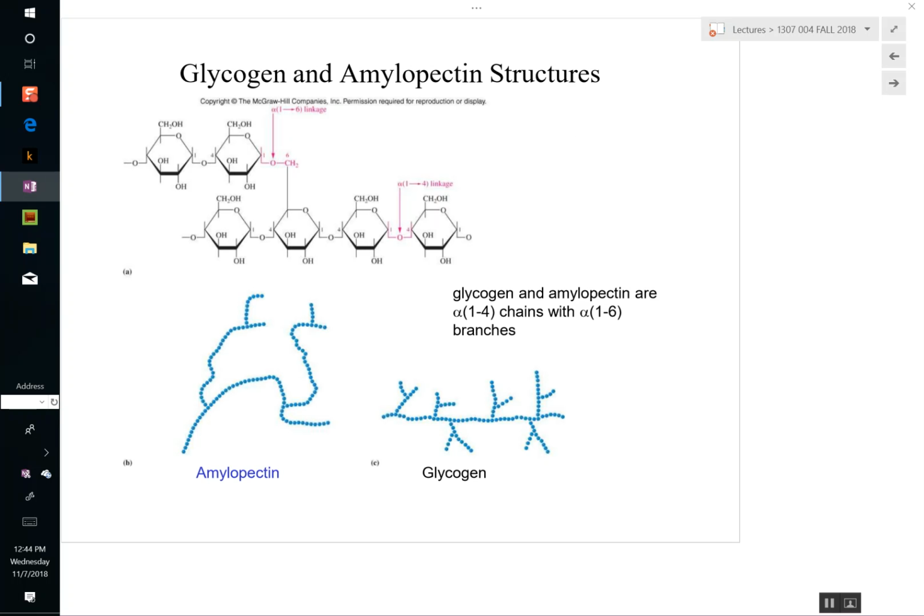So hundreds of glucoses, and the body just keeps adding them on there if it has an excess of glucose, and then it clips them off when the blood sugar level lowers. So it's going to form the glycosidic bond, and if it needs glucose, it's going to hydrolyze that bond and clip it back off again, metabolically.